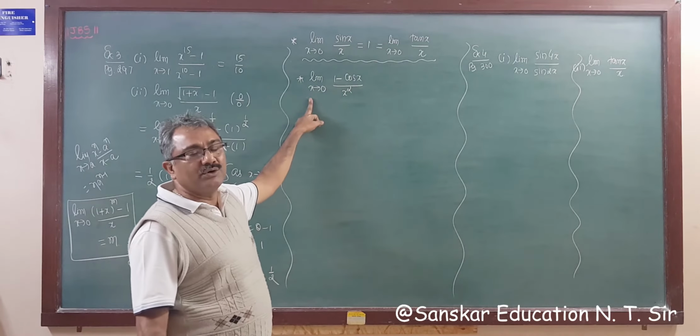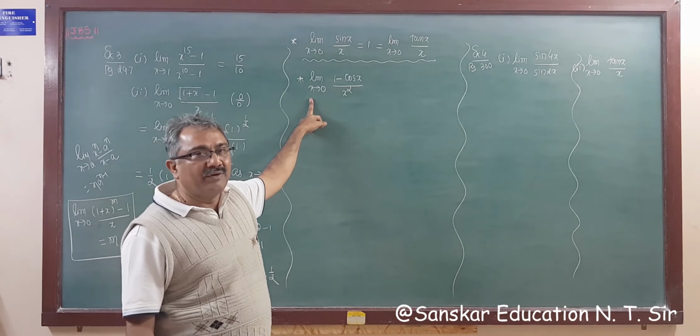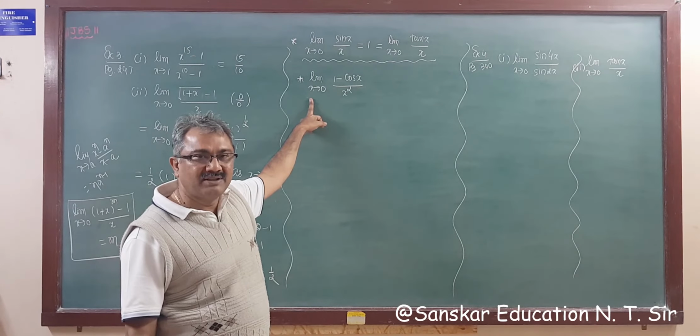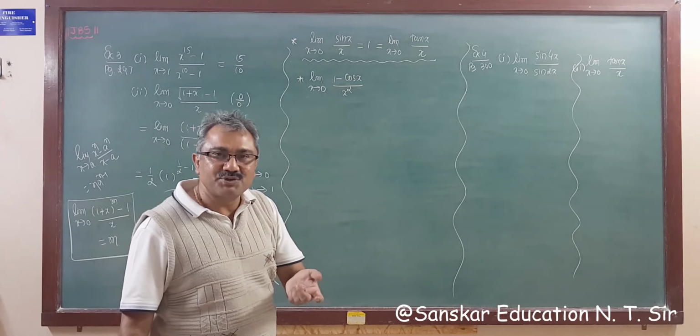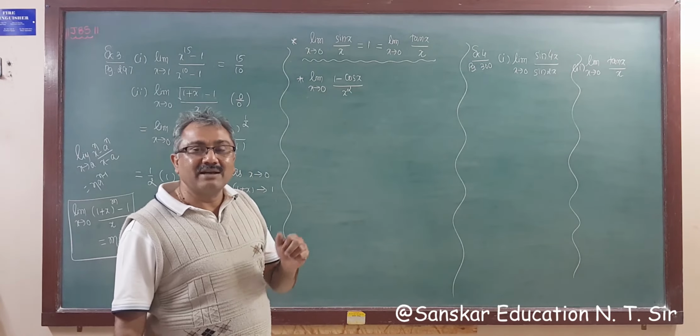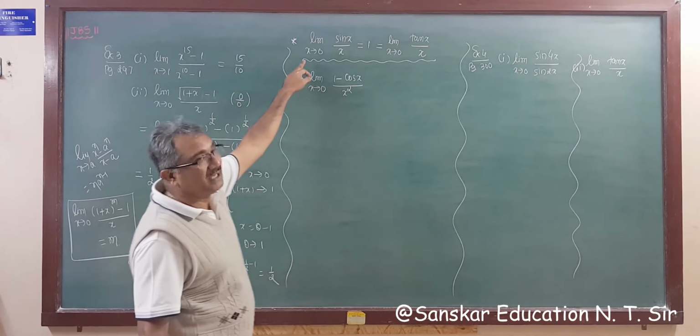If x tends to 0, then the answer is always half. How? We have 4 types: one is factorizing, another is direct substitution, another is rationalizing, and another is substitution, direct formula, right?